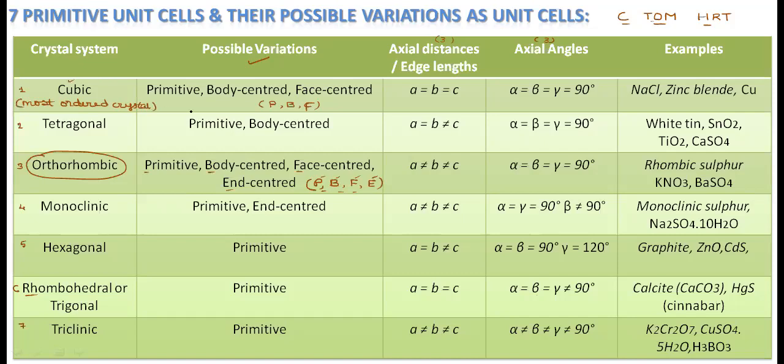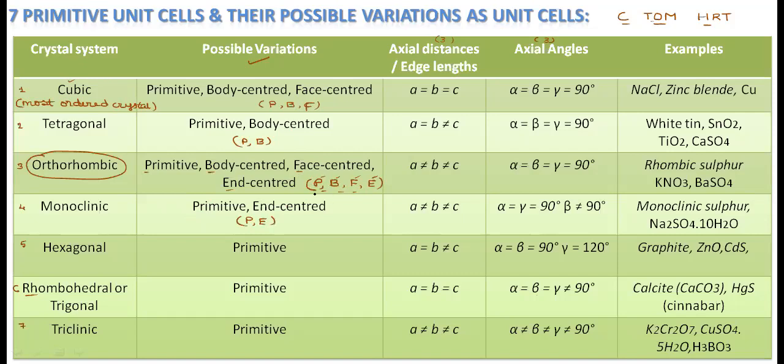Why that is, we'll discuss with the characteristic feature conclusion. Leaving the last one, end, by remembering the PBFE code, you can write that the first 3 unit cells are shown by cubic. For the tetragonal, the first 2, primitive and body centered. And next to orthorhombic, monoclinic will show the first and last type of unit cell.